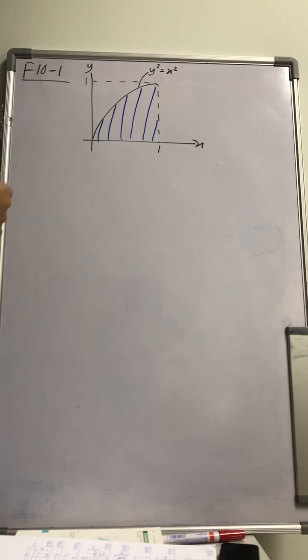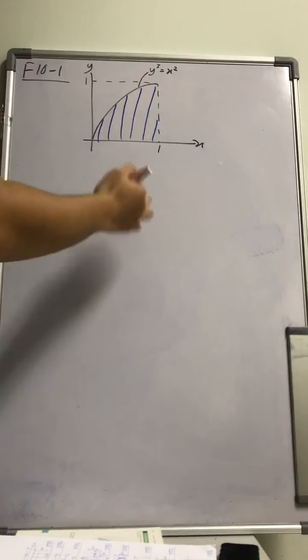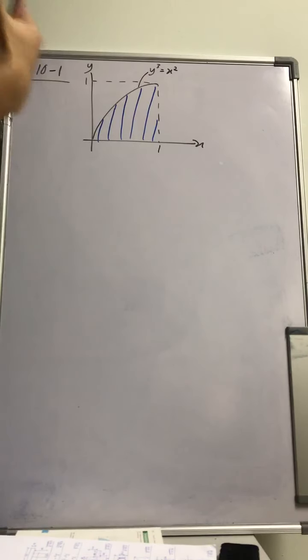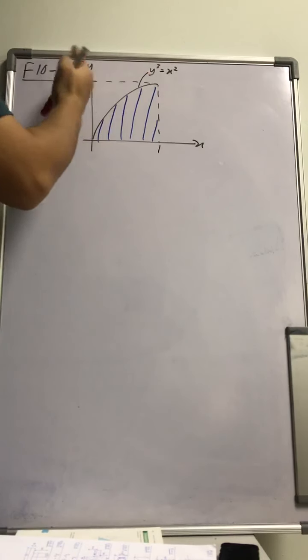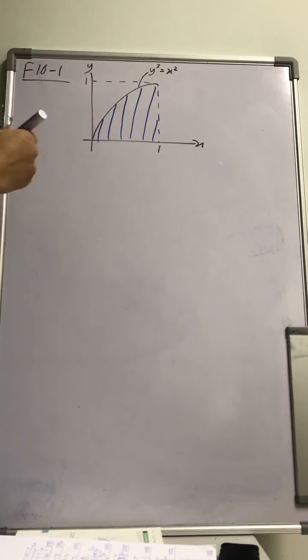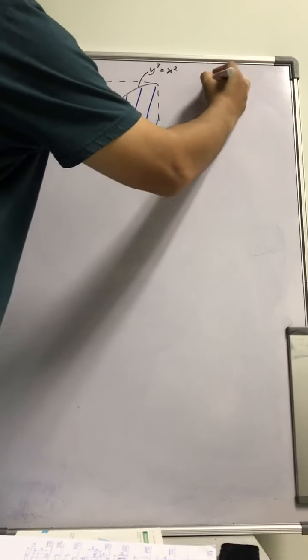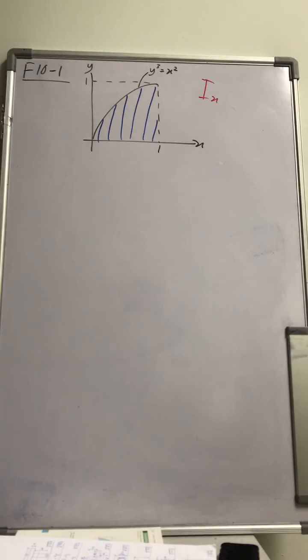The question asks you to find the moment of inertia of the shaded area about the x-axis. Moment of inertia is always about an axis, whether it's x or y or any particular axis. So in this question, we want to find the moment of inertia Ix about the x-axis.